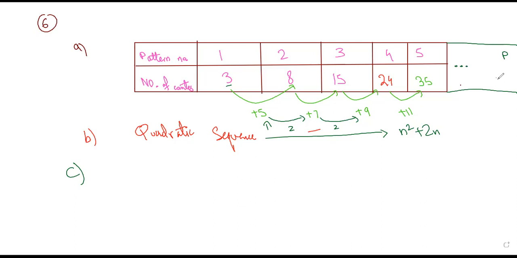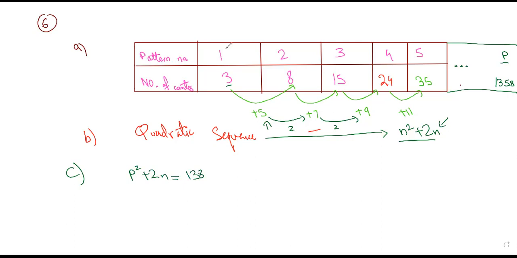Because right now you can think about it as this 1358. Okay, we need to figure out the value of P. So we know that according to the nth term formula, this is the number of counters when pattern number is n. Okay, so when pattern number is P, it would be P square plus 2P equals 1358. Right? Did you understand this?